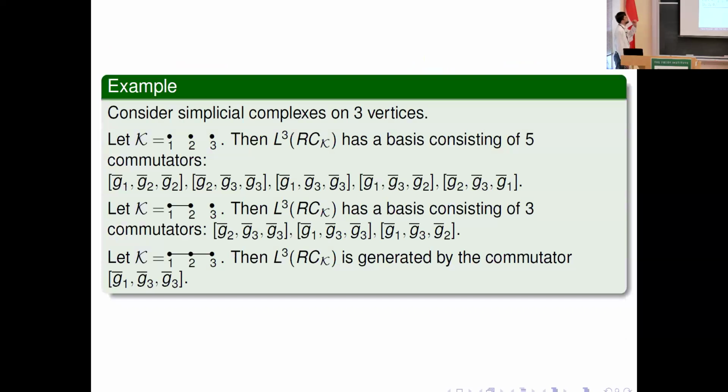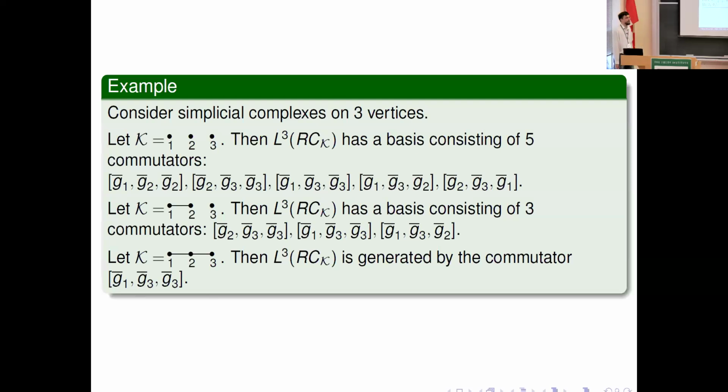Now we have an example. Consider a simplicial complex on 5 vertices. Let K be 5 disjoint points, then L2 RCK has a basis consisting of 5 commutators, like this. For K with one edge on 5 vertices, L2 RCK has a basis consisting of 5 commutators. And for K with 2 edges, L2 RCK is generated by one commutator.